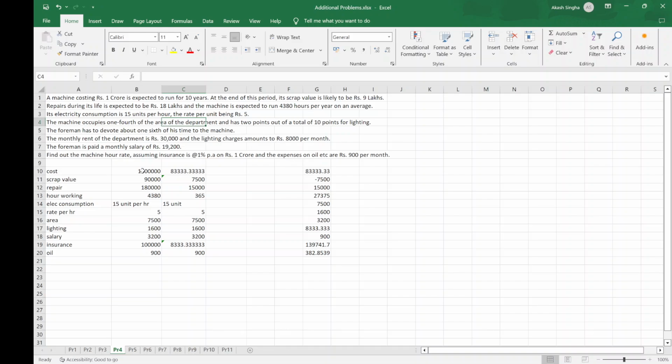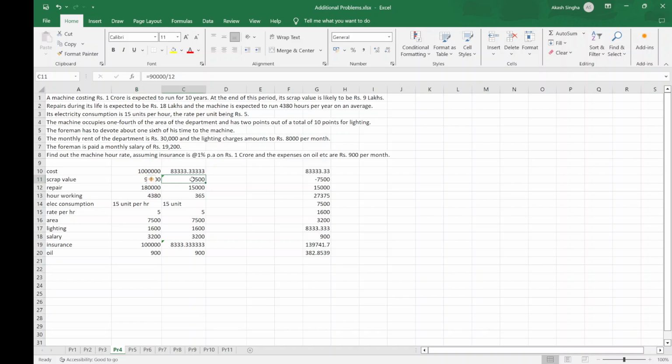So total is 1 crore per 10 years. So per year it's 10 lakh, and per month it's this value. Scrap is 9 lakhs per 10 years.